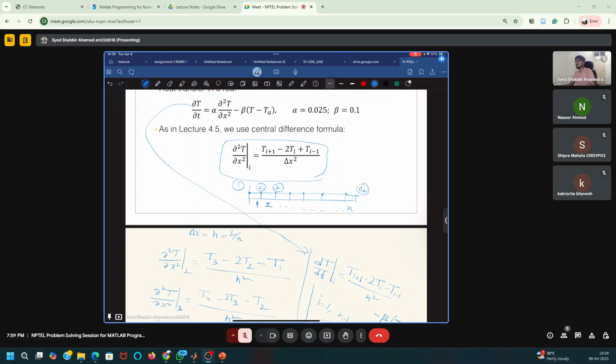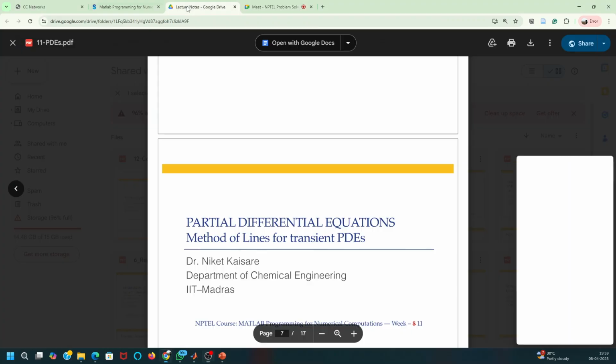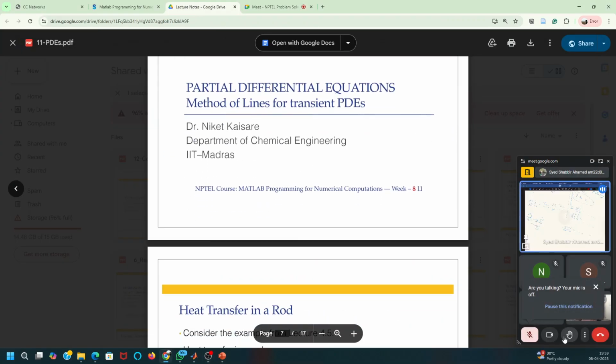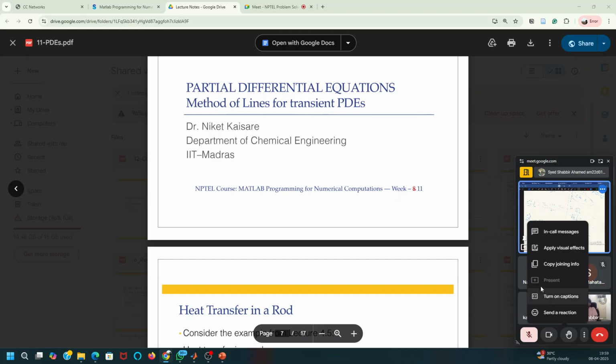So we will see how we have done this in MATLAB, the solution of it.